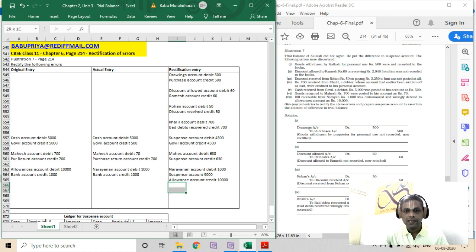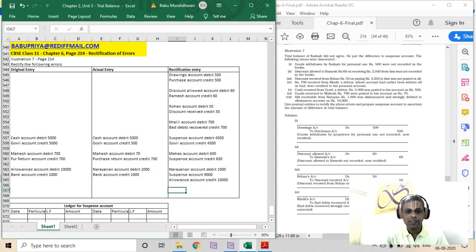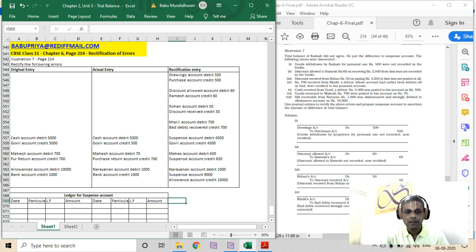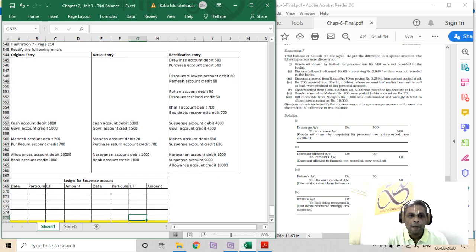Let's now prepare the ledger. Do we have any beginning balance on suspense account? No. So let's put all the transactions that we have in suspense account. We have to Govil account, credit to Govil, to Govil 10,000, to Govil 4,500.